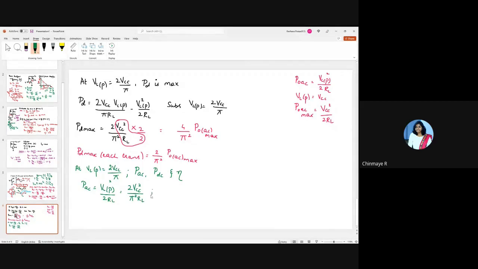Okay. Now tell me what's PDC. So PDC is 2 VCC into VL of P divided by pi RL. So you substitute VL of P is equal to 2 VCC by pi. So what do you get for PDC now?